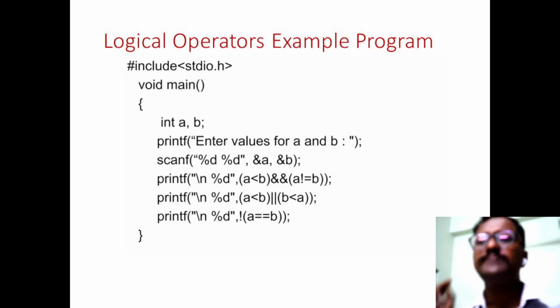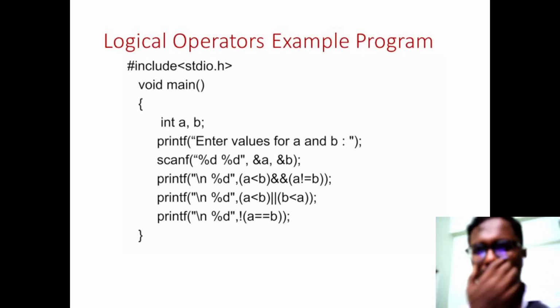The second print will output 1 if A is less than B or B is less than A, otherwise it will be considered 0. The third print will output 1 if A and B are not equal, otherwise 0.